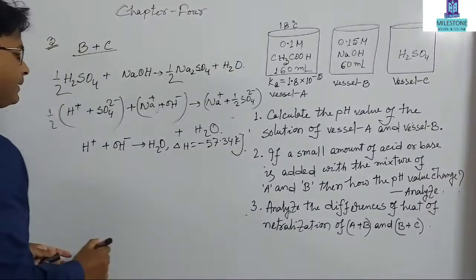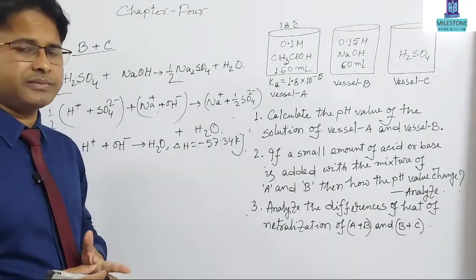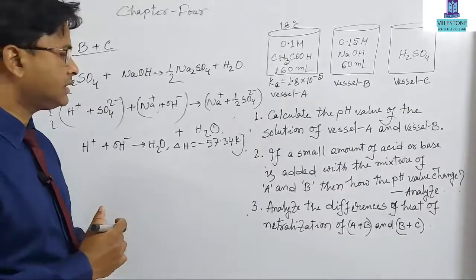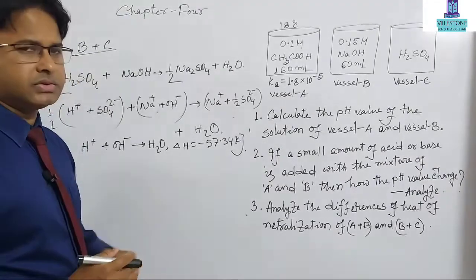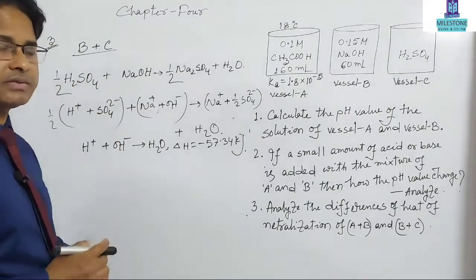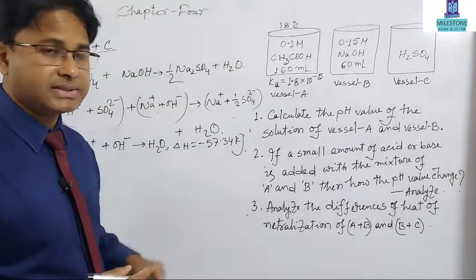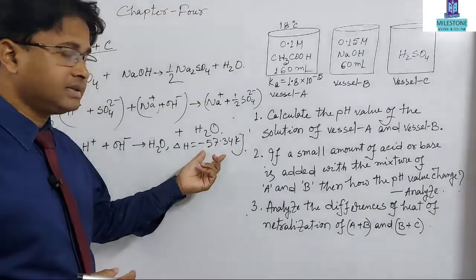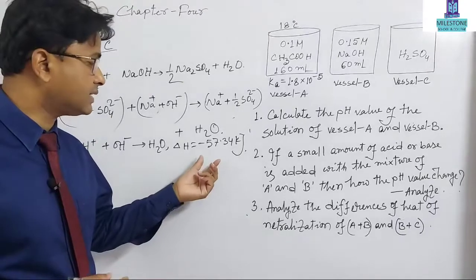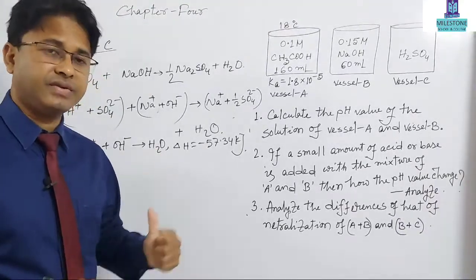It is noted that this heat of neutralization is not used for the ionization of any further acid or base like the previous one, I mean acetic acid. That's why in this case the heat of neutralization is minus 57.34 kilojoule, a fixed heat.